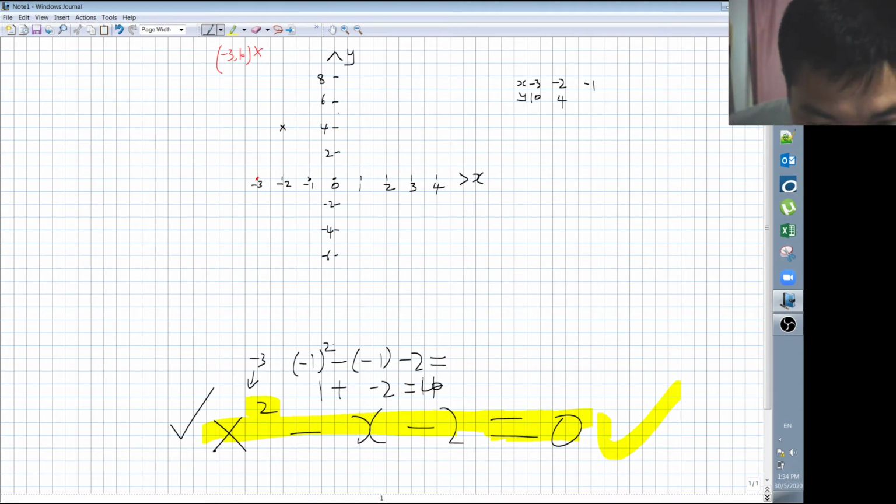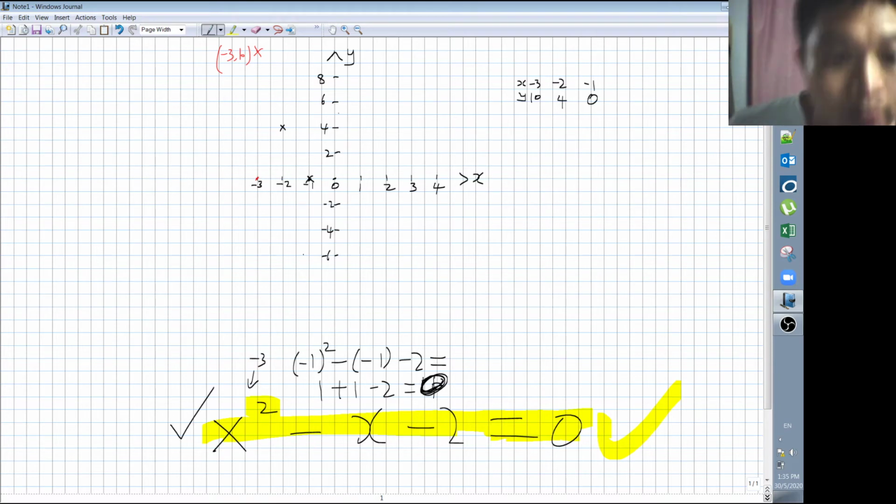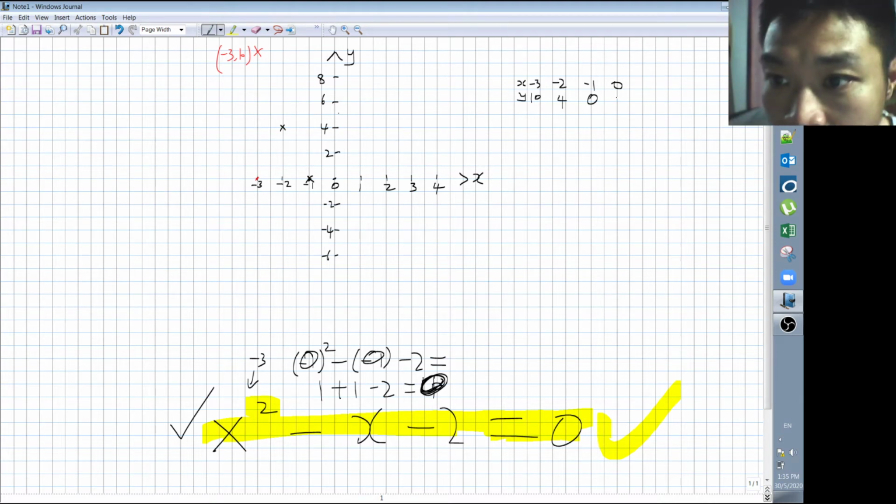Minus 1 squared is 1. So you have plus 1 minus 2. So you are supposed to get 0, right? So it's minus 1, so it's here. Now when x is 0, you replace with 0, so you end up with negative 2. So you have negative 2, which is here.